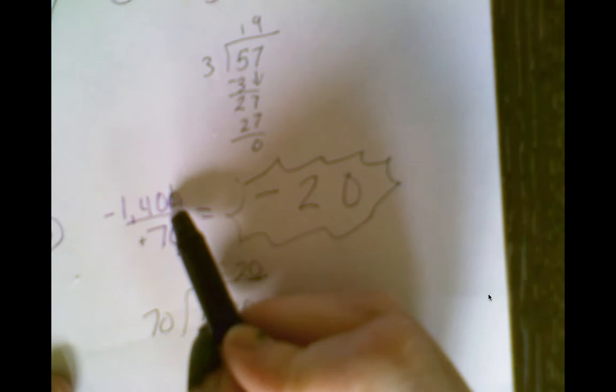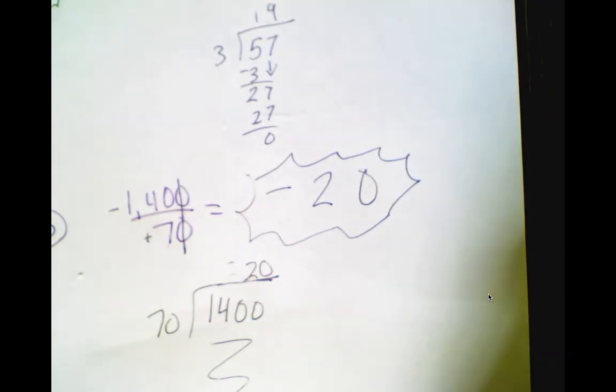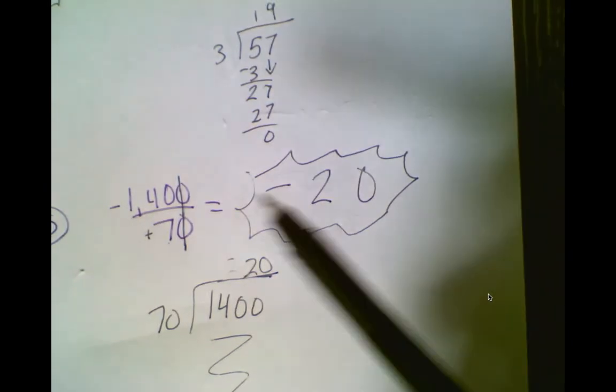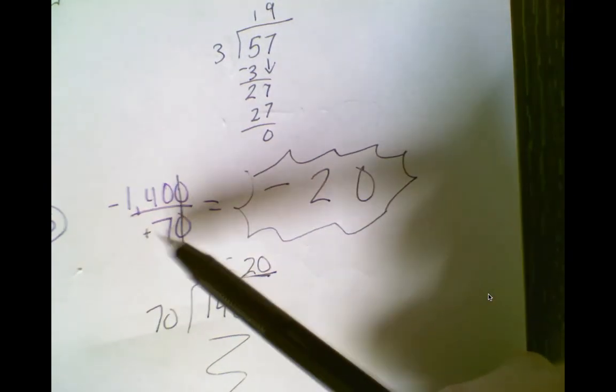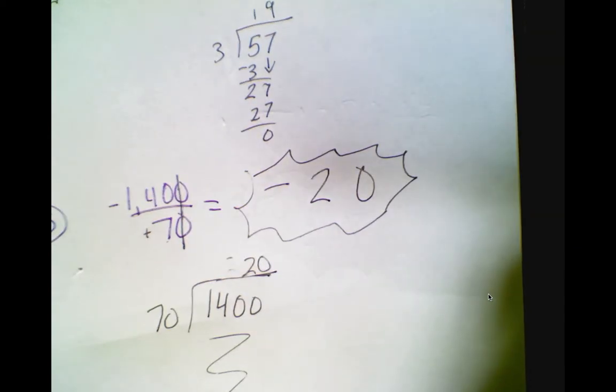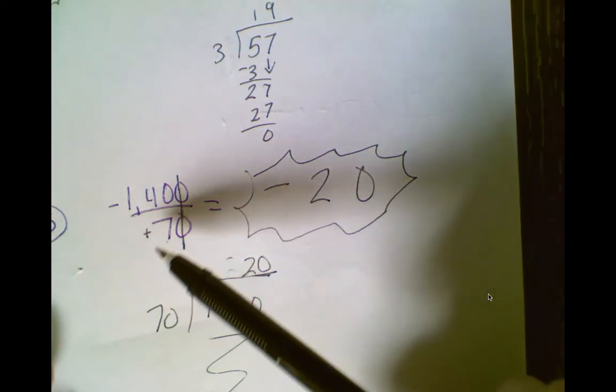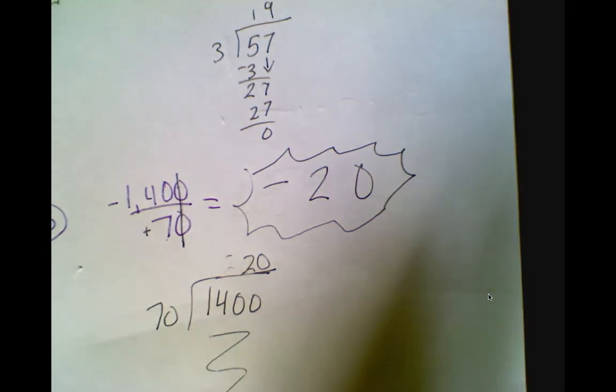But as I said, you can cross out zeros by marrying them or connecting them, and then you put the zeros off to the side, however many zeros you have left unpartnered. And you take 14 divided by 7, which 7 times what number equals 14 would be 2, and then add the zero, 20.